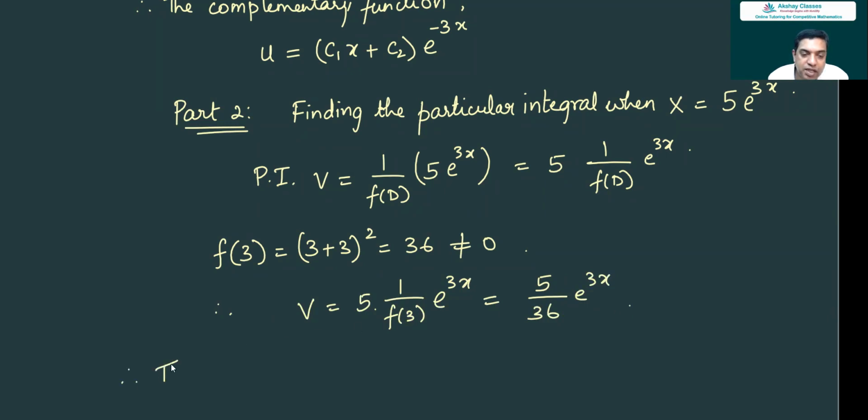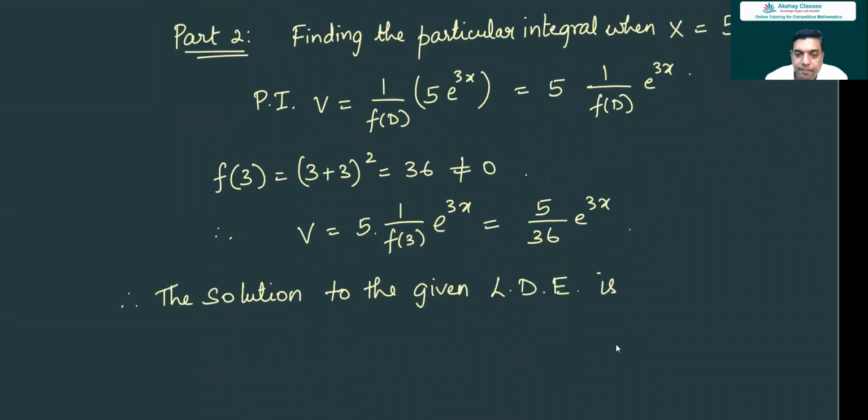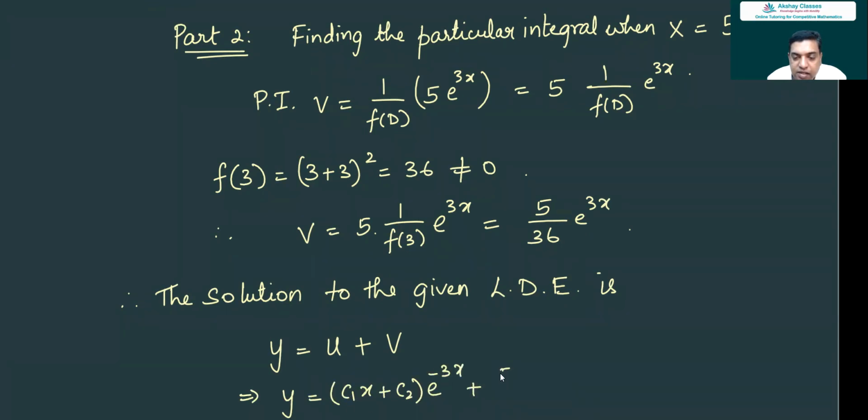Therefore, the solution to the given linear differential equation is y = u + v, which implies y = (c1 x + c2) e^(-3x) + 5/36 e^(3x). So this is the solution.